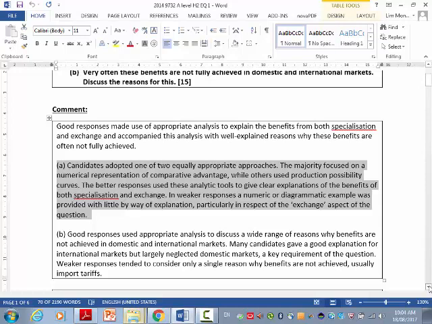What is the benefit of specialization? When you specialize, what happens? You lower op cost? Actually, how can you get lower op cost? Your op cost is already there, right? What do we mean by specializing?